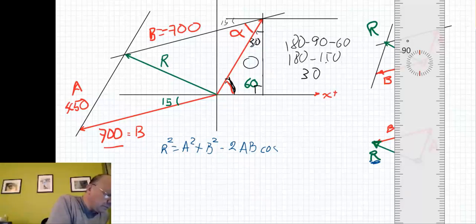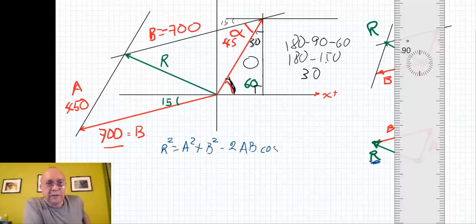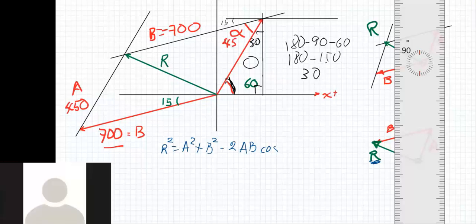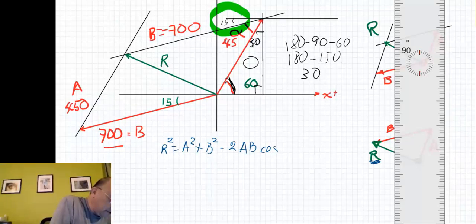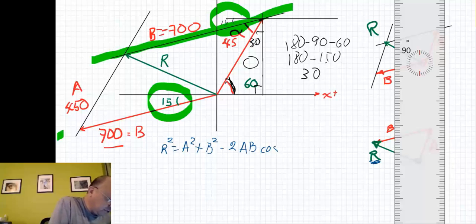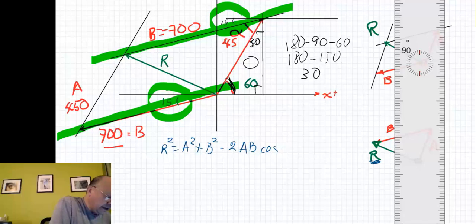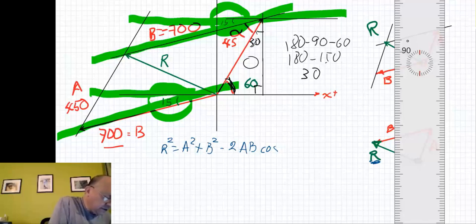Okay, let me write that. All right, so everybody agrees that alpha is 45? Everybody? How did you get the 15-degree angle on top? Okay, this angle is the same as this one, right? Because this line is parallel to this line, and this is horizontal, and this is horizontal.